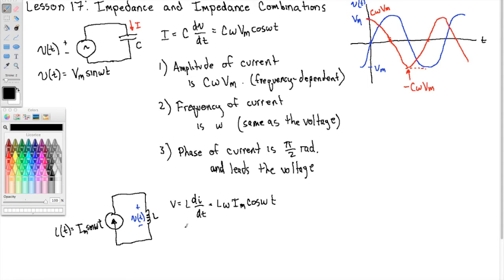So a couple points about this. First, the amplitude of the voltage is L omega Im. Okay, again, that's frequency dependent.